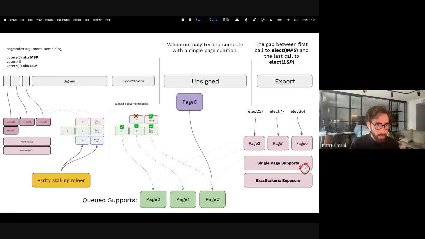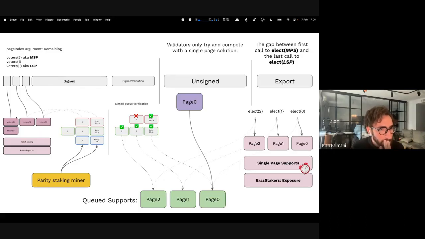Let's talk a little more about this. It's important to keep in mind that, let's say we have 60,000 voters or nominators, and in each page we can fit 20,000. The first call to voters page 2 should give me the best ones. This is also why we call it the most significant page.